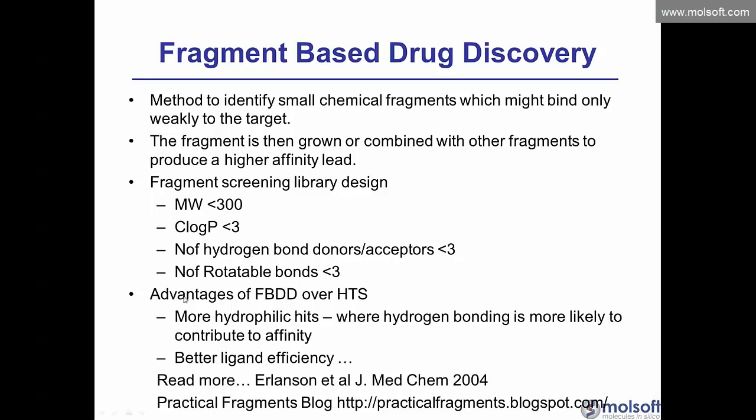The advantage of fragment-based drug design over high-throughput screening is that you're likely to find more hydrophilic hits, where hydrogen bonding is more likely to contribute to affinity. You also start off at a better position in terms of ligand efficiency, because you're starting off with a smaller lead compound.